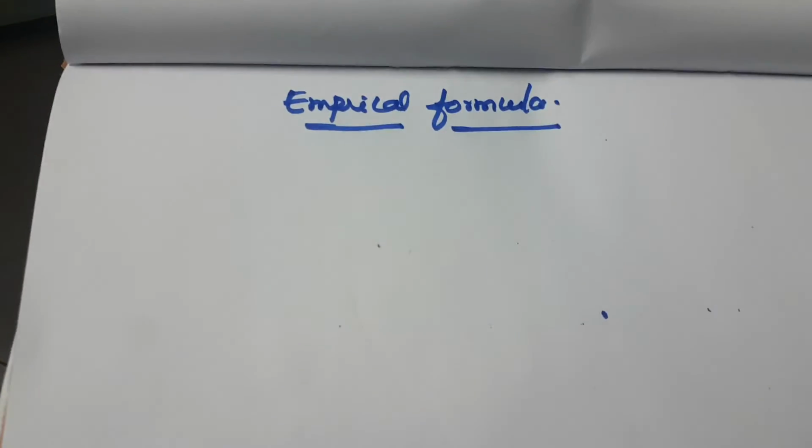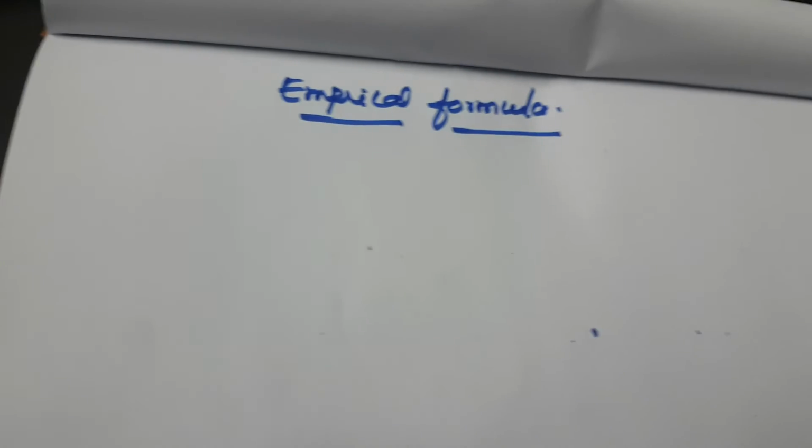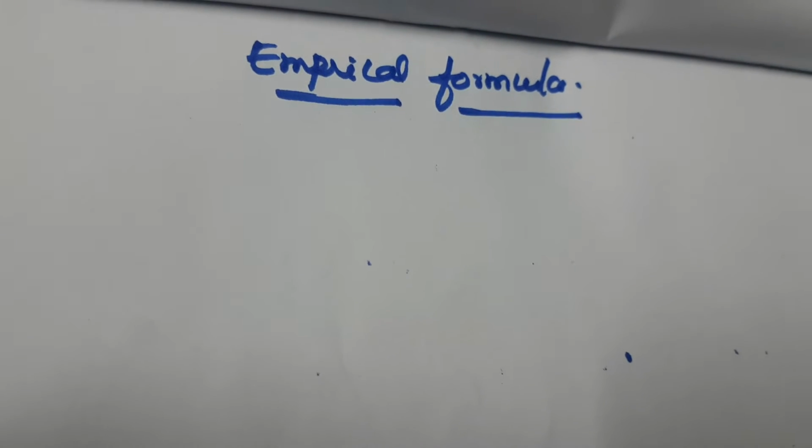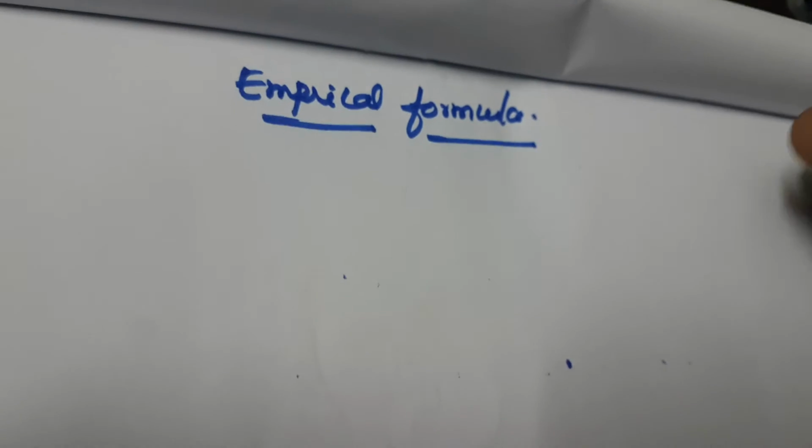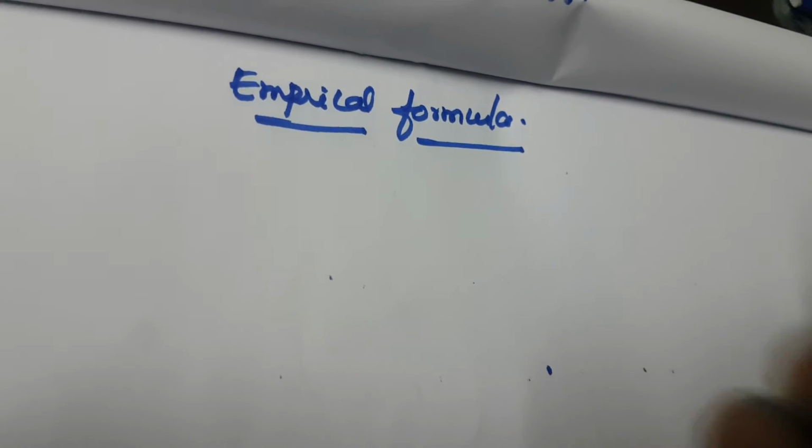The empirical formula of a compound is written with the simplest ratio of the number of individual elements, the atoms present in one molecule.